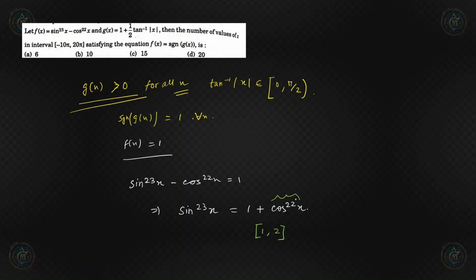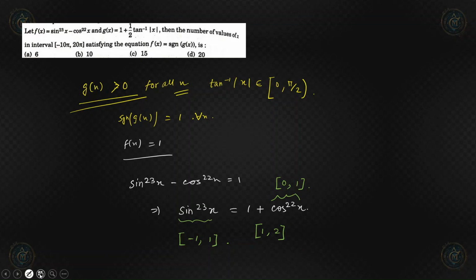Because this thing is positive or equal to 0, that means closed 0 to closed 1. And if we add this 1 here, we get closed 1 to closed 2. But the left hand side belongs to the interval closed minus 1 to closed 1, right? So the only case when both sides are equal is when both the sides equal 1.